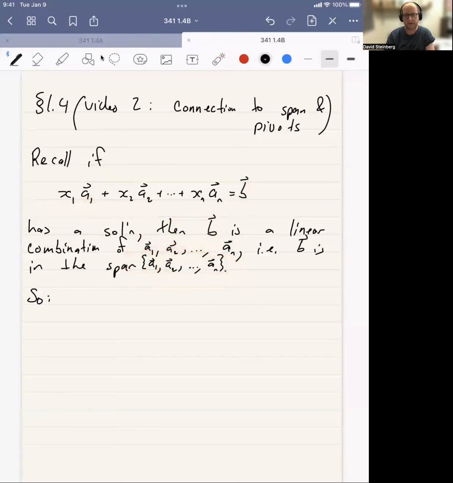If you need to go back and check those definitions, I absolutely encourage you to do so. There are lots of definitions we're working through in this first little bit.